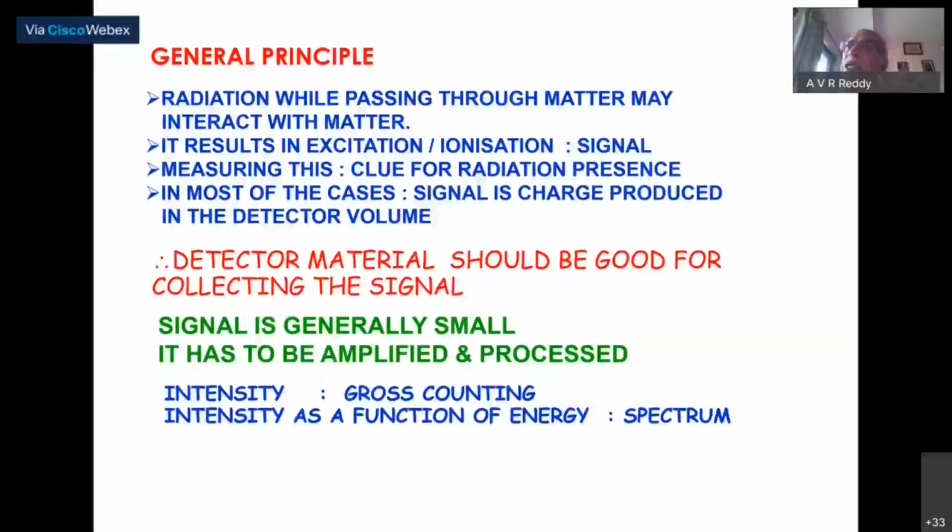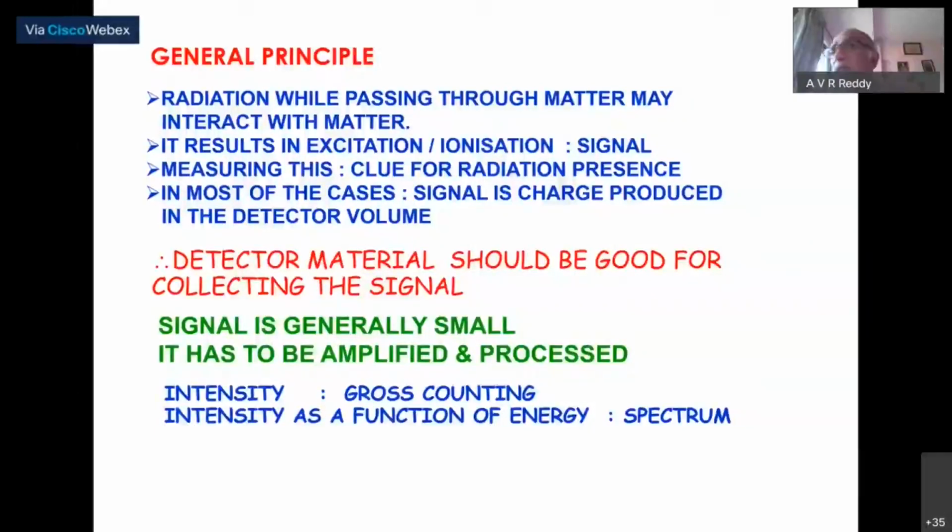When we measure only the intensity, we call it gross counting. In fact, from that the names counters and counting systems have come. And if we measure intensity as a function of energy, then what we observe is a spectrum. In that spectrum, you see quite a few peaks.